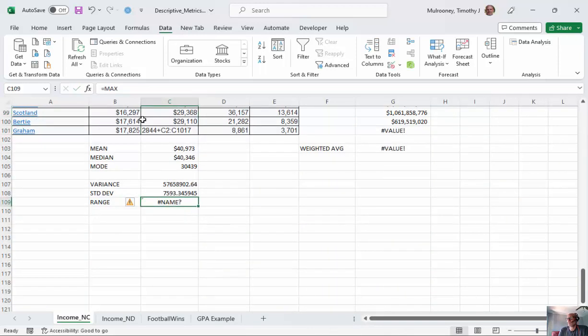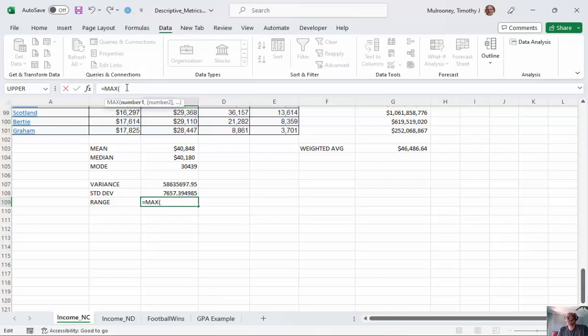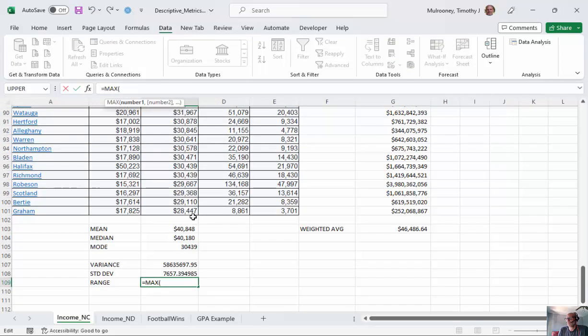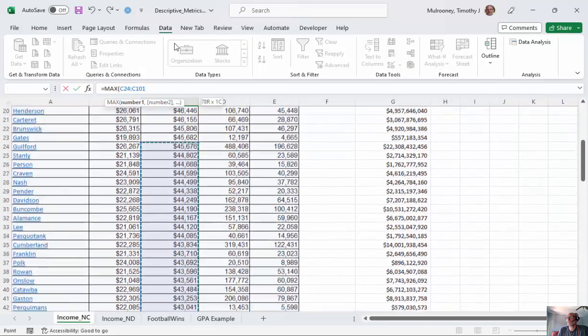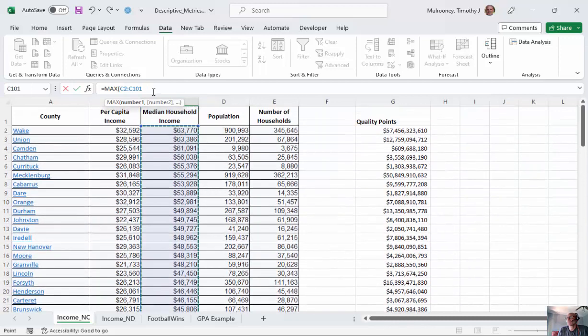Make sure I got this calculation correct. Equals the max. I did something wrong here. All right, max. Minus the min.